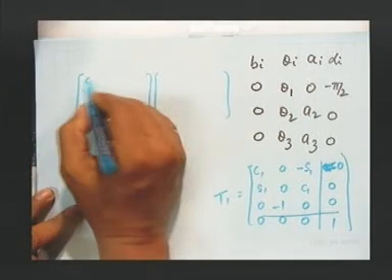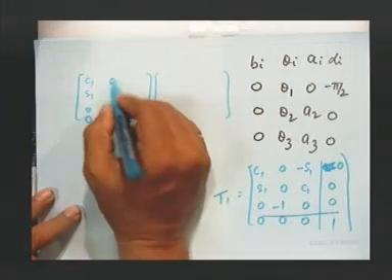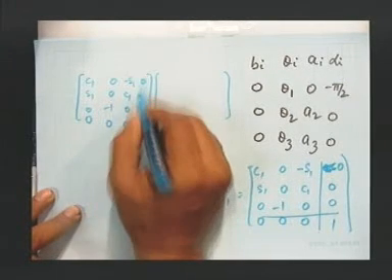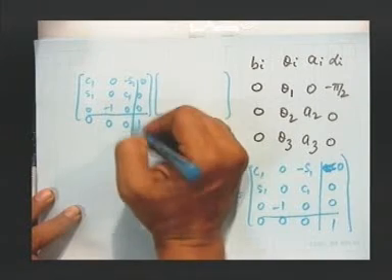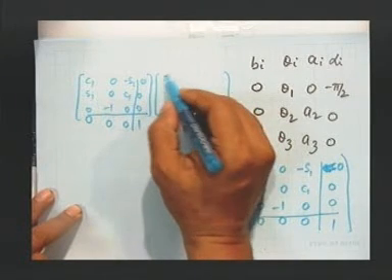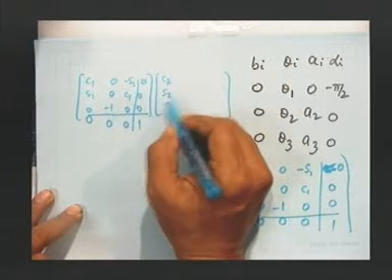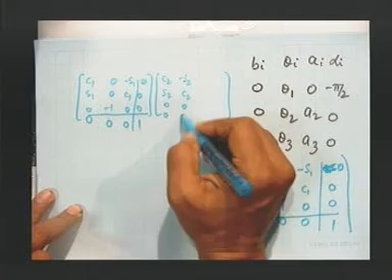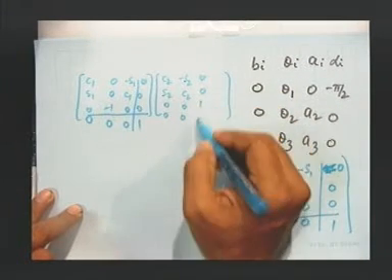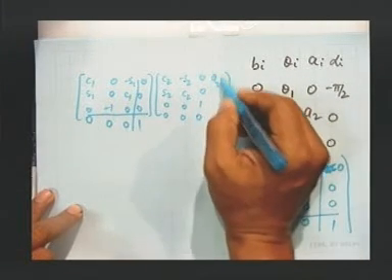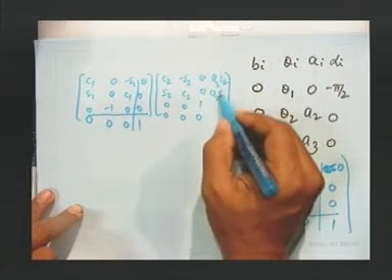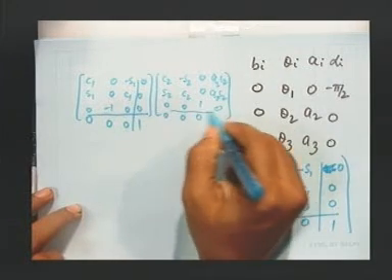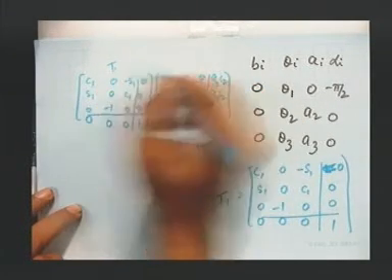I write cos 1, sin 1, 0, 0, 0, 0, minus 1, 0, minus sin 1, cos 1, 0, 0, 0, 0, 0, 1, and then for T2 it will be cos 2, sin 2, 0, 0, minus sin 2, cos 2, 0, 0, 0, 0, 1, 0, A2 cos 2, A2 sin 2, 0, 1. So, let us do this operation.